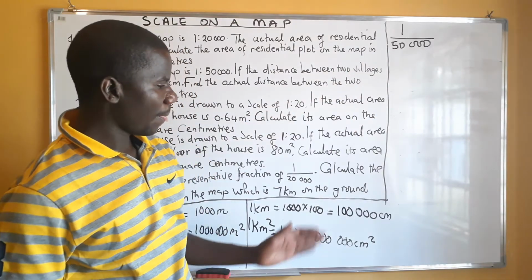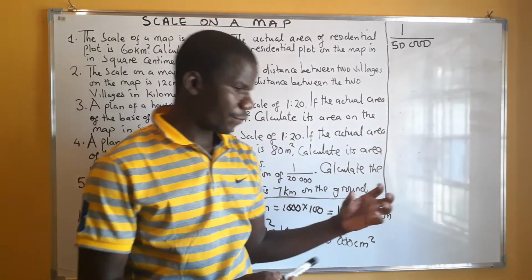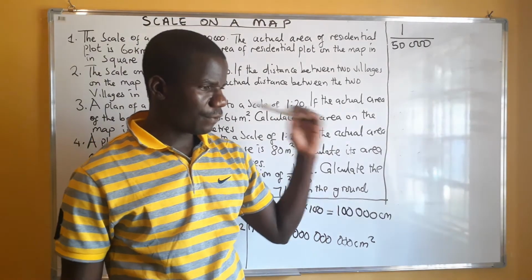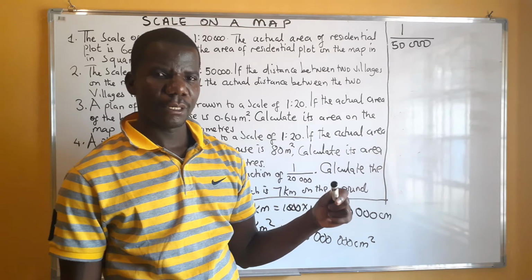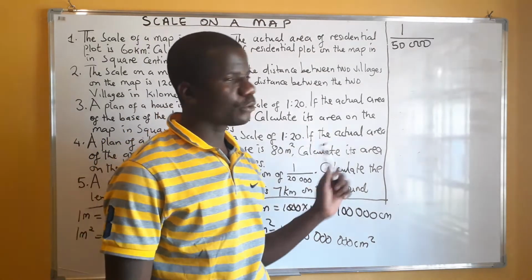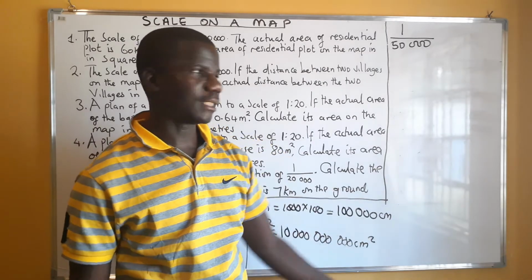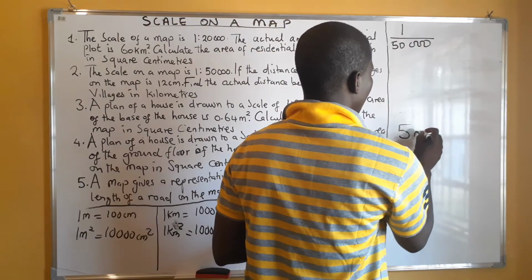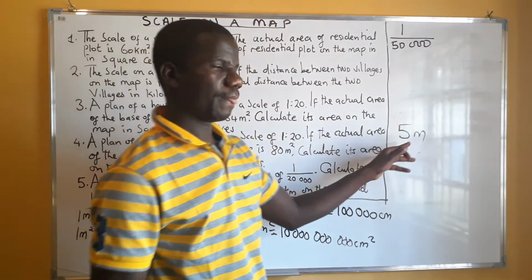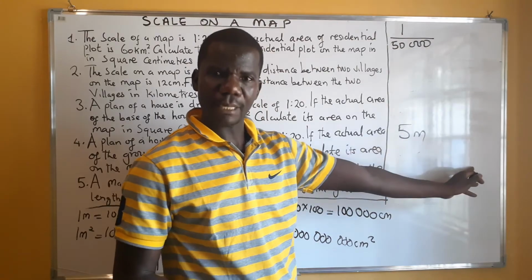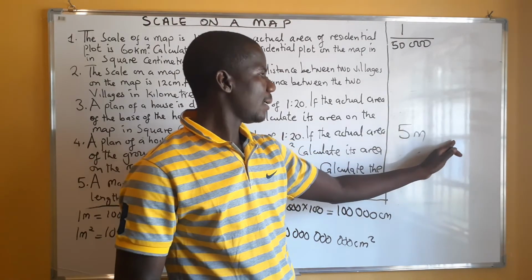If you are converting to a smaller unit from a bigger unit, for example if you are given 5 meters and asked to convert this to centimeters, which is smaller than meters, you multiply by 100.